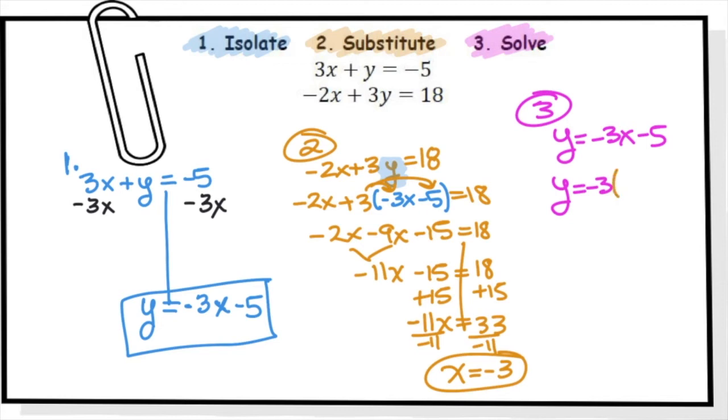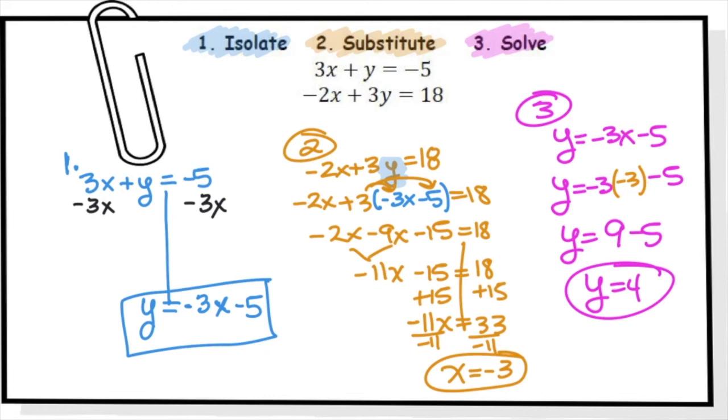So that's going to be negative 3 minus 5. Y equals negative times negative, positive 9 minus 5. Y equals 4. So here I have my x value, here I have my y value. So that tells me that my solution is negative 3, comma 4.